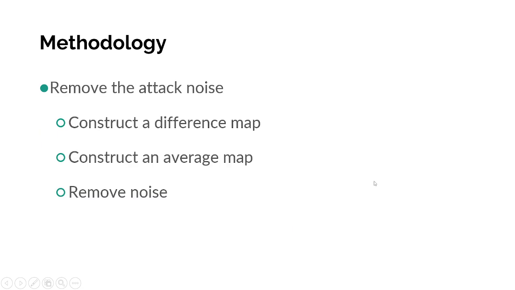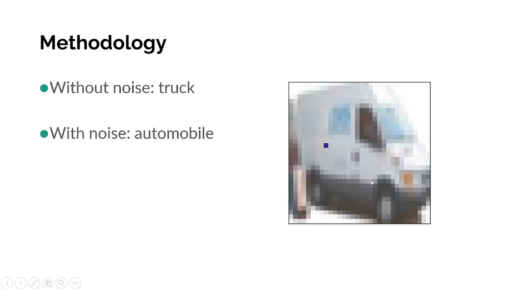And this student tried to use the image processing skin on this 1 pixel attack, and he tried to observe the image with noise and without noise. What is the difference for the image itself?